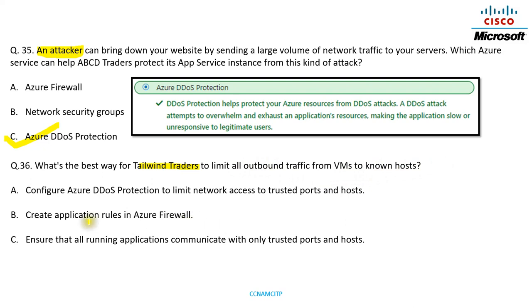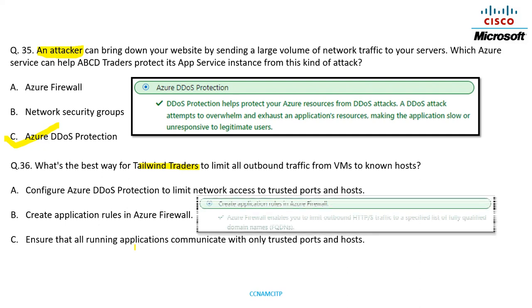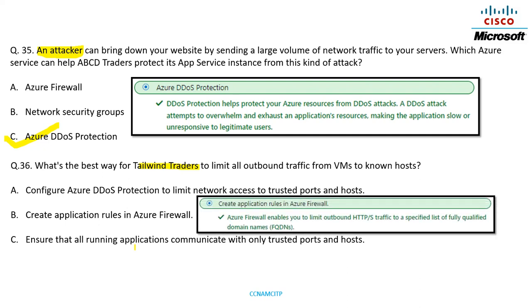Okay, answer should be create application rule in the Azure Firewall and configure it to ensure that all running applications communicate with only trusted ports and hosts. Answer should be Azure Firewall. Azure Firewall enables you to limit outbound HTTPS traffic to a specific list of fully qualified domain names.